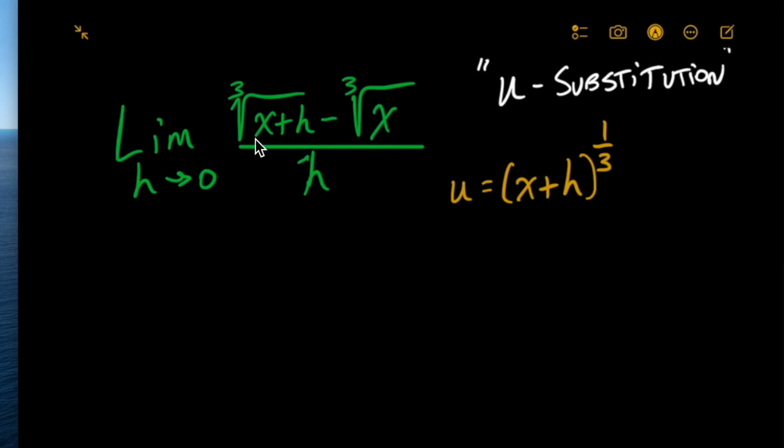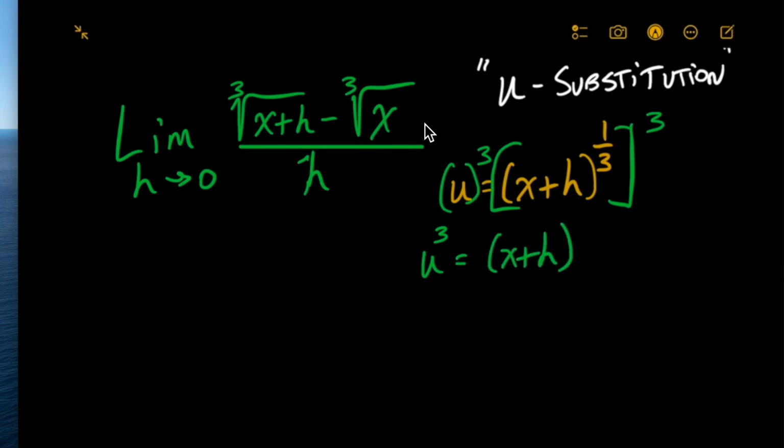All I'm doing is letting u equal this term, which when written in fractional exponent form would give you what we have in yellow. Now I'm going to raise both sides to the 3rd power, and I'm going to get u cubed equals x plus h. I'm going to take away the parentheses because I don't need them, and I'm going to solve for both x and h.